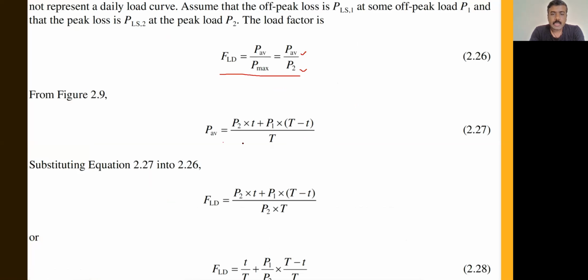P average we can calculate from the graph as P2 into t plus P1 into (T minus t), with respect to the total time period T. By substituting these, we get the load factor as P2 into t plus P1 into (T minus t) divided by P2 into T. So the load factor can be separated into terms of time and load.